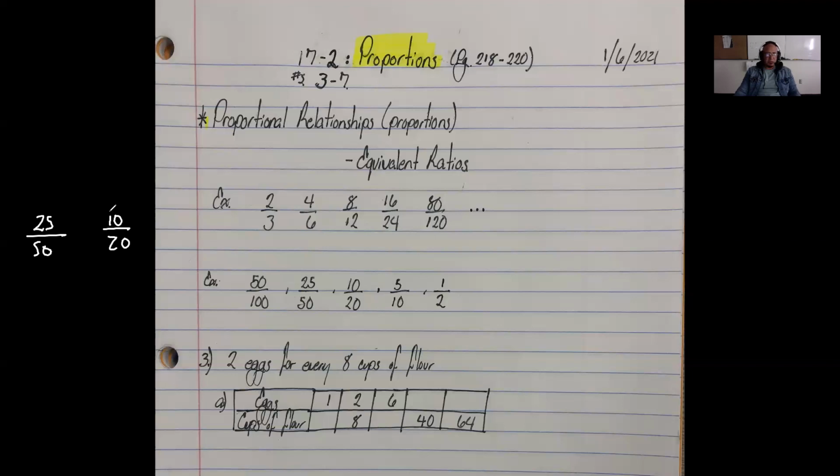You can't multiply 10 by any whole number to get 25 or 20 by any number to get 50. However, these are still equivalent fractions, and I know that for two reasons. Number one, if I cross multiply them, 50 times 10 will give me 500. And 20 times 25 will also give me 500. Therefore, ladies and gentlemen, I know that these two are equivalent fractions.